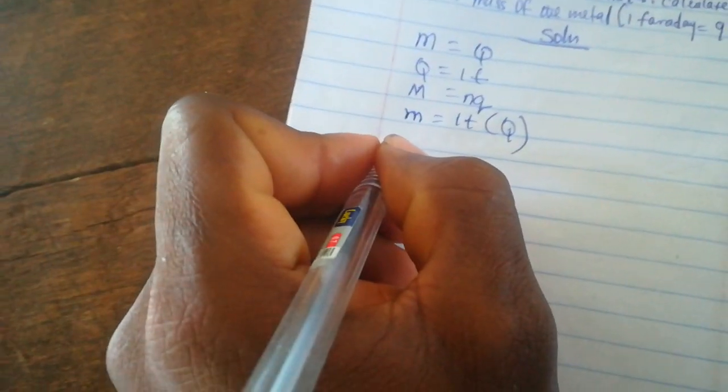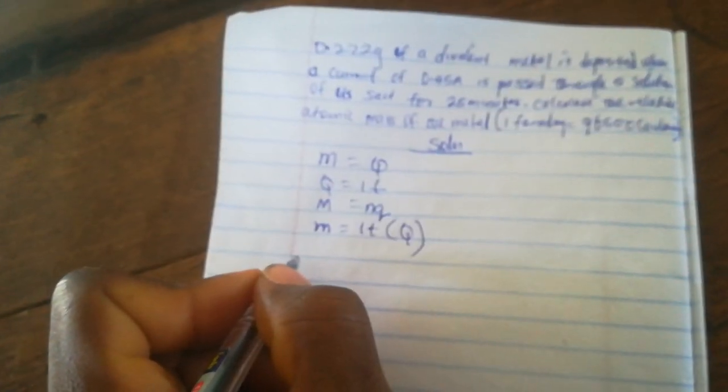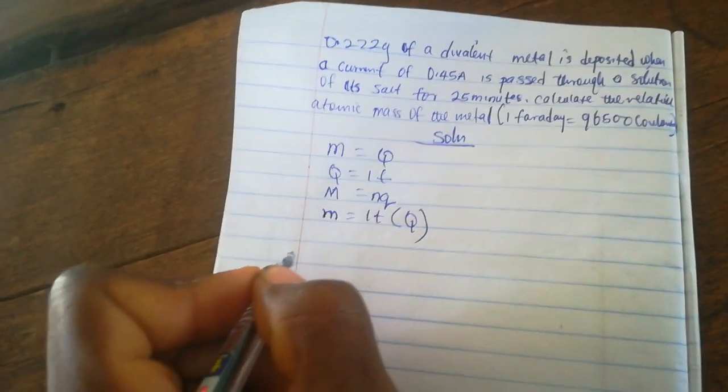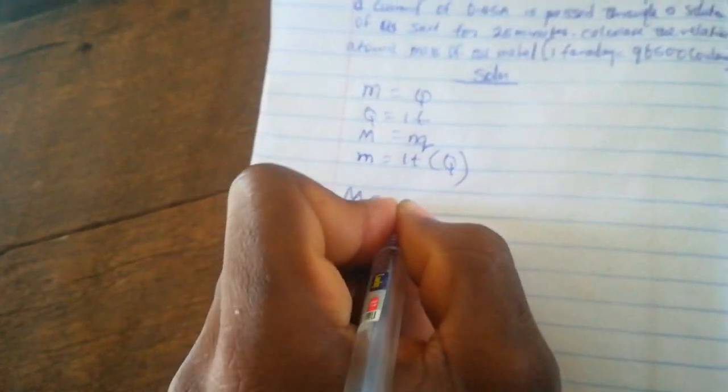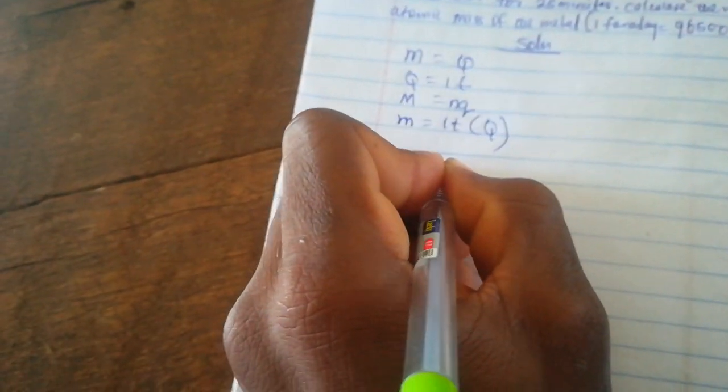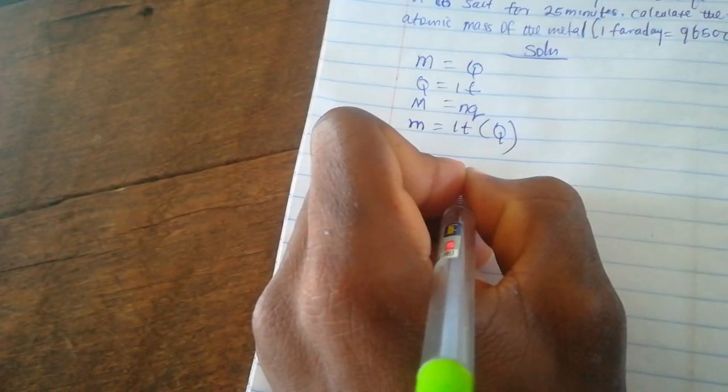So let's solve it. We are looking for the molar mass, capital M. What is our N? They say the metal is divalent, so N is 2, times the Faraday, 96,500, which is a constant.